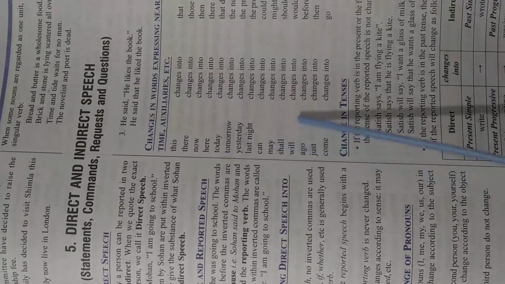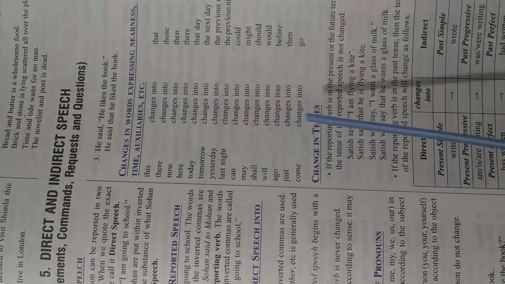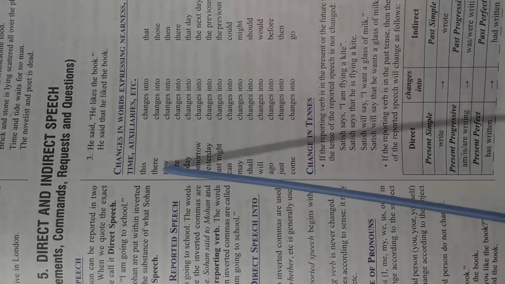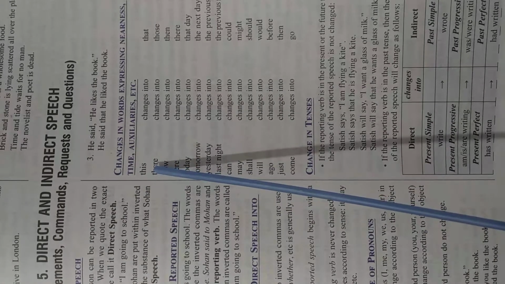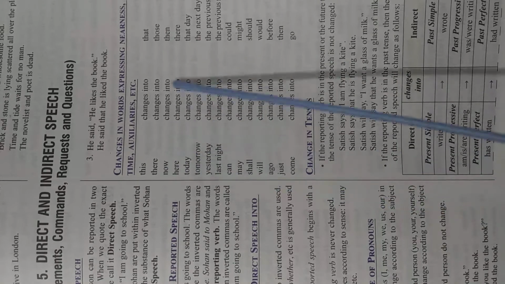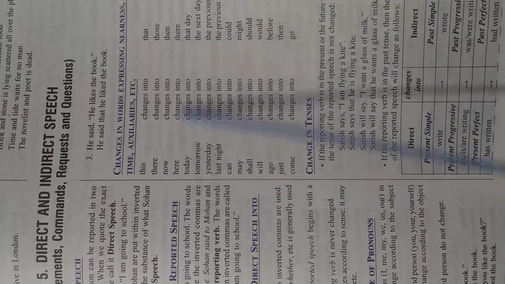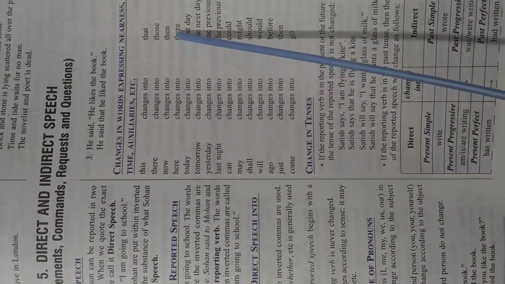So here are some common changes, right? I am speaking, you just listen to that. If "this" is in direct speech, we will change it to "that". These, those, now will be converted into then.